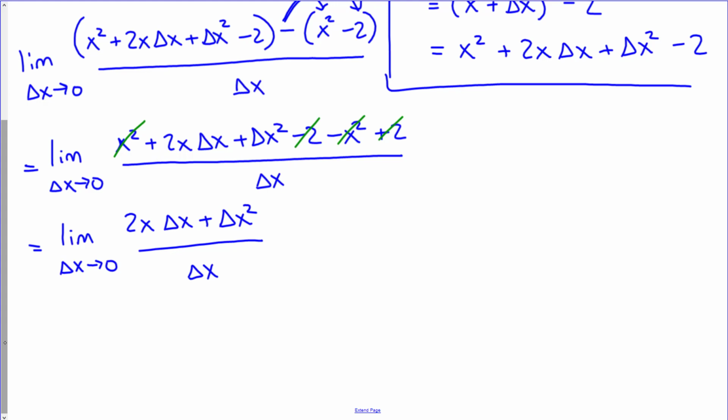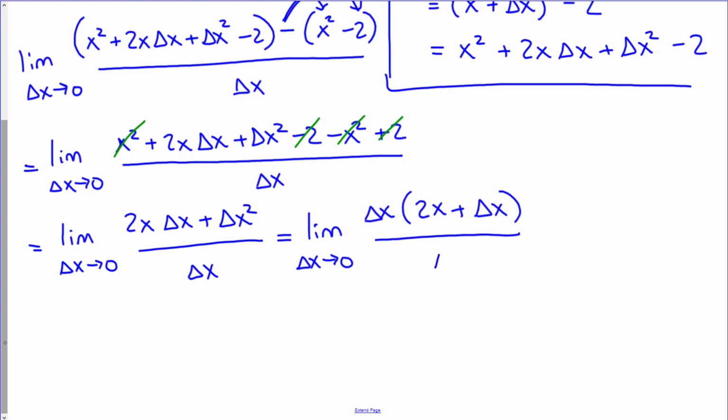Now, there's a shared factor of delta x in the numerator and denominator. Be careful when you cancel that away, because the way that actually works, you can factor out delta x from each term in the numerator, leaving you delta x times 2x plus delta x, which can cancel out the delta x in the denominator.